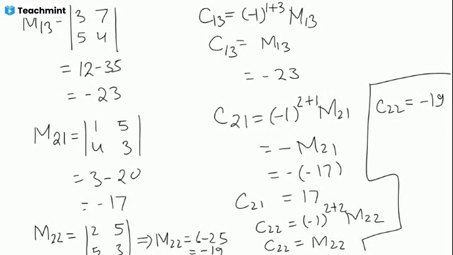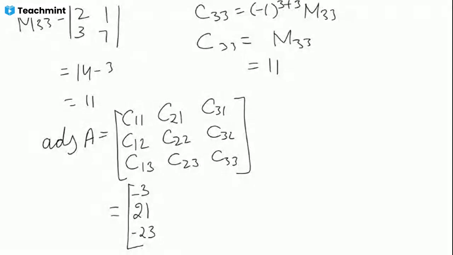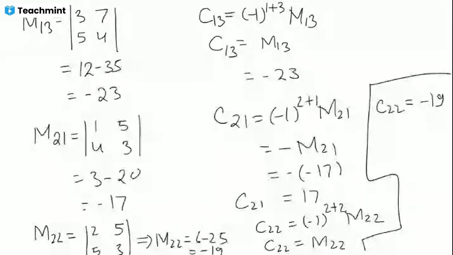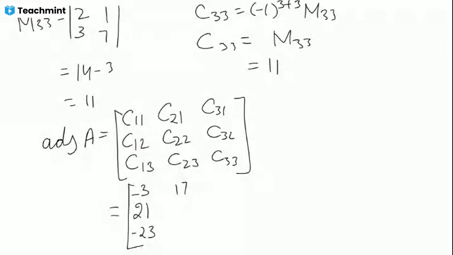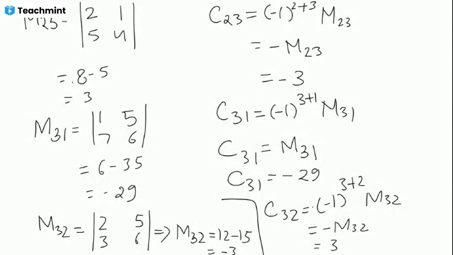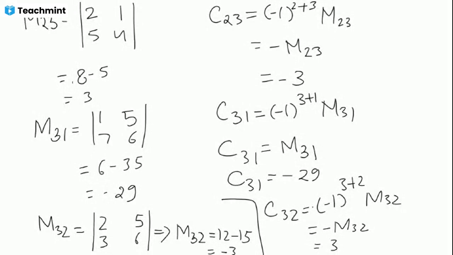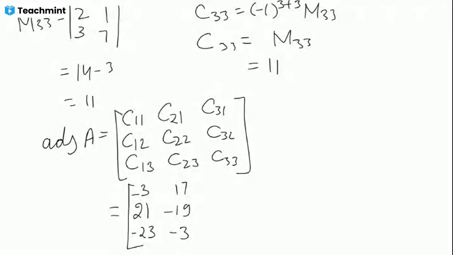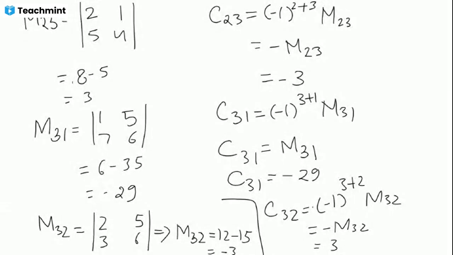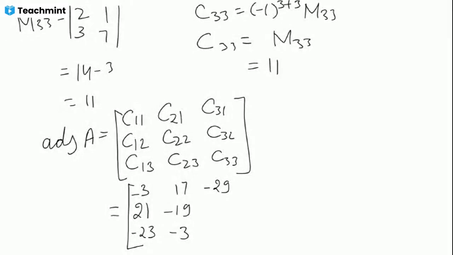C21 is 17, then minus 19, then minus 3. Now C31 is minus 29, 3, and 11.